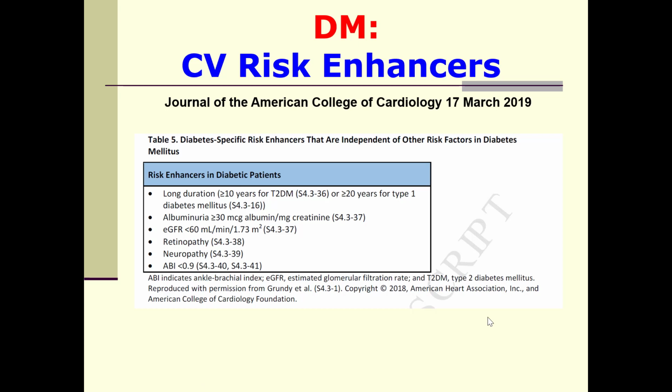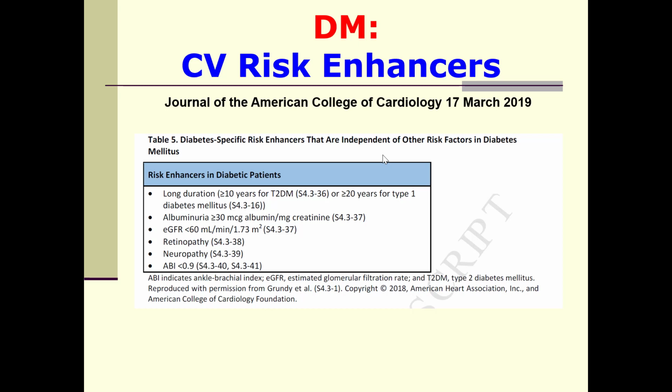If we look at the most recently released guidelines in cardiology about preventive cardiology, the presence of albuminuria exceeding 30 microgram albumin per milligram creatinine, the same as 30 milligram per gram creatinine, or a lower GFR of less than 60 mL per minute, are considered diabetes-specific risk enhancers that are independent of other risk factors in diabetes mellitus to increase cardiovascular disease.